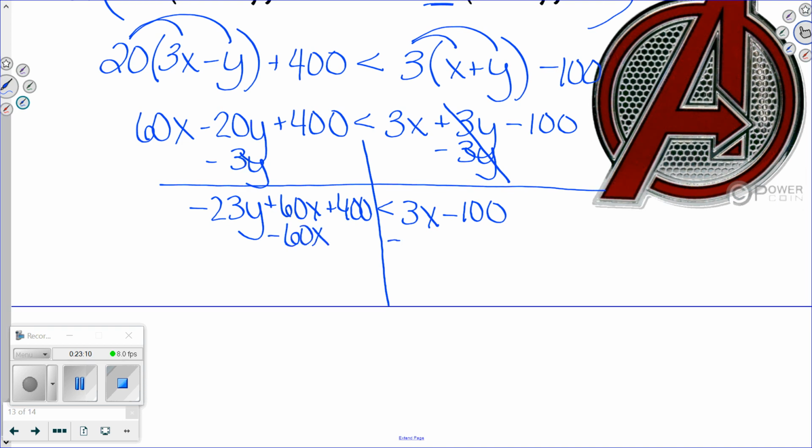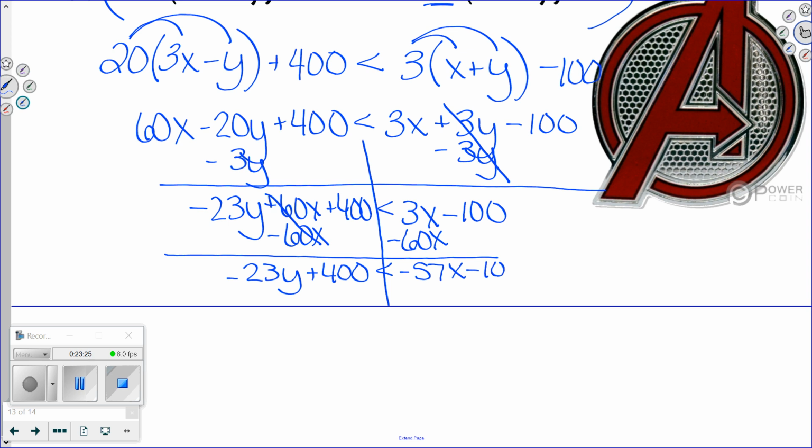Line that up with a like term over there. So negative 23y plus 400 is less than negative 57x minus 100. Keeping in mind, my goal is to get y by itself. Good. Subtract the 400 away.